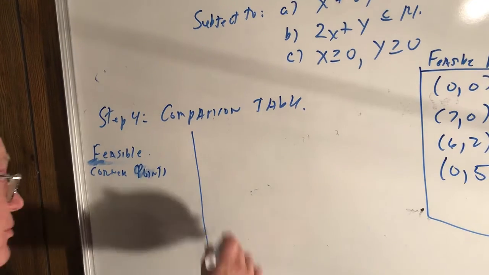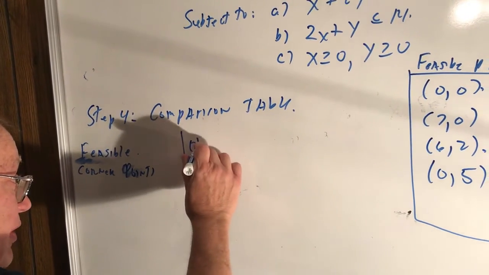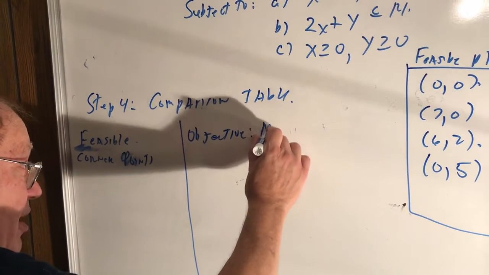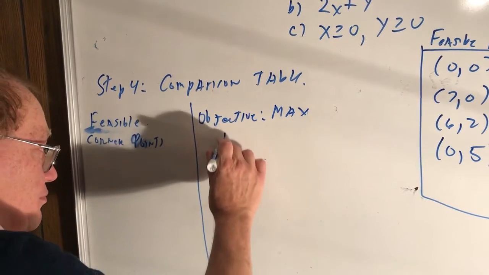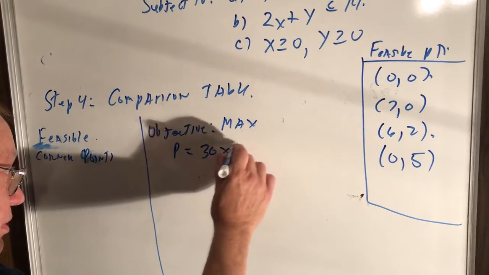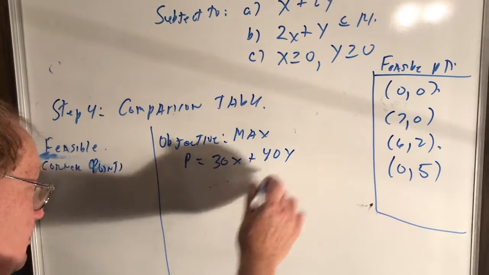And we're going to have our objective function. Our objective is to maximize profit, and it's given by 30x plus 40y.